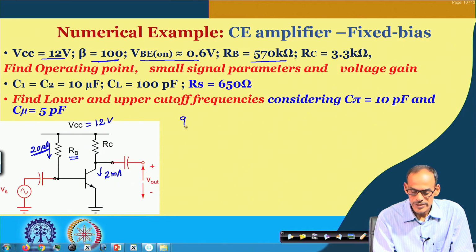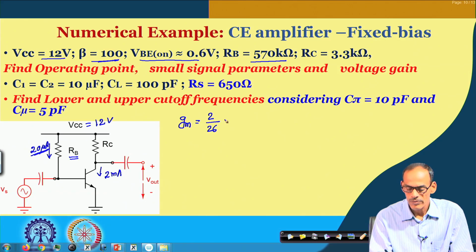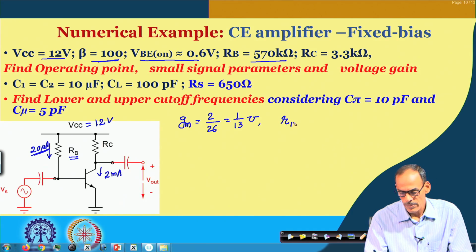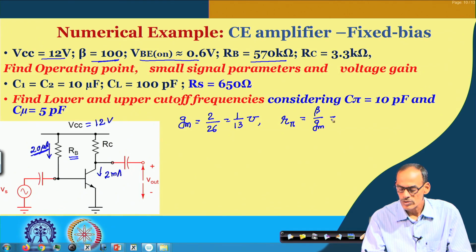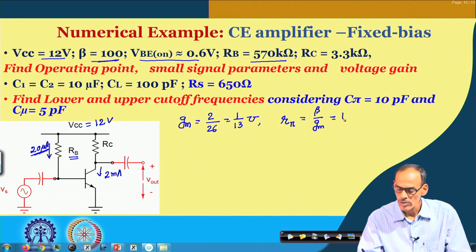So, that gives us GM equals 2 milli divided by 26 millivolt. So, this is equal to 1 by 13 mho, and then R pi of the transistor, which is beta divided by GM. So, that is 100 divided by 1 by 13, that means 13 into 100. So, that is equal to 1.3 kilo ohm.